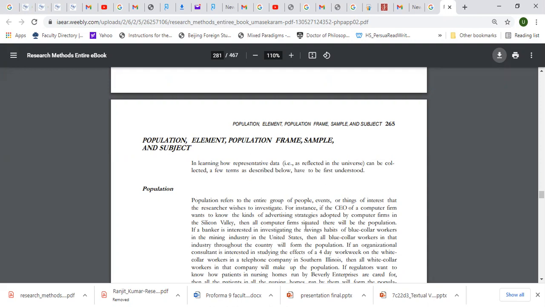So, for example, if you are taking 25 or 30 students from BS English program, and you are analyzing their proficiency in English language, that is your population. So the entire group of people or things which are going to be the part of your study, that is your population.